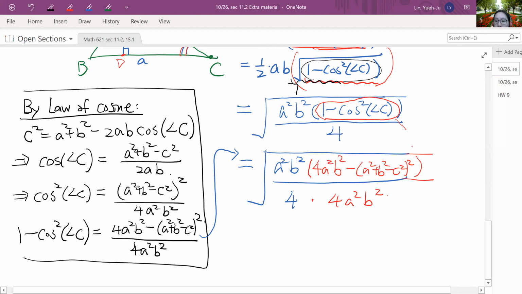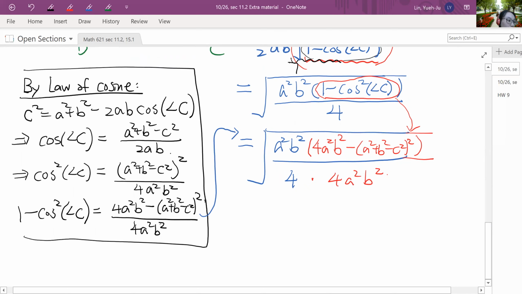I just plug in everything I did using the law of cosines. The good thing is that a squared b squared can cancel out from the numerator and denominator, and the bottom becomes 16.